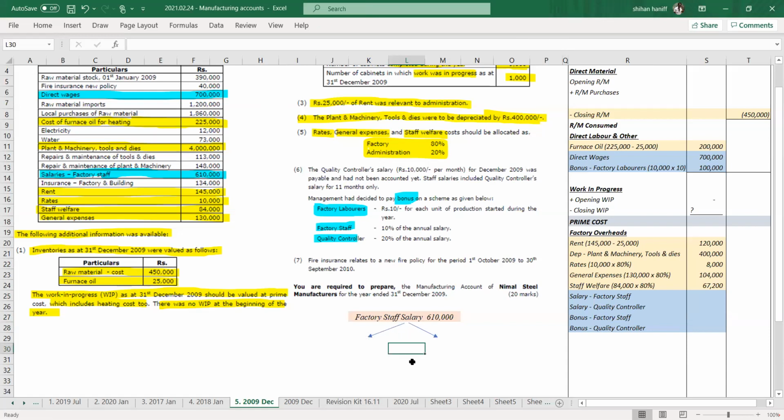Factory staff salary, you can divide into two. One is quality controller salary. Other one is factory staff.